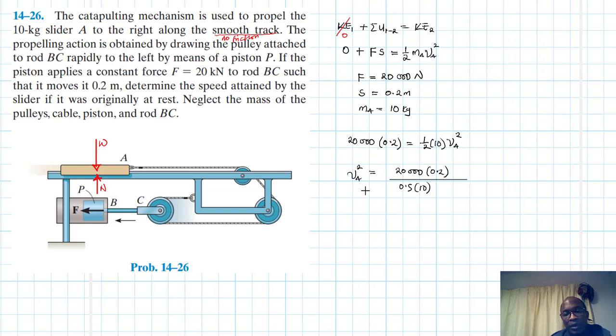Okay, then we are going to square both sides. And if we did so, we'll find that our v_A is just going to be equal to the square root of 20,000 times 0.2 divided by 0.5 times 10, which is 28.28 meters per second.